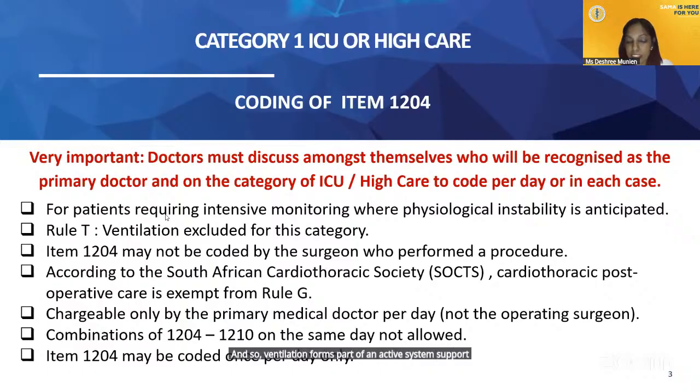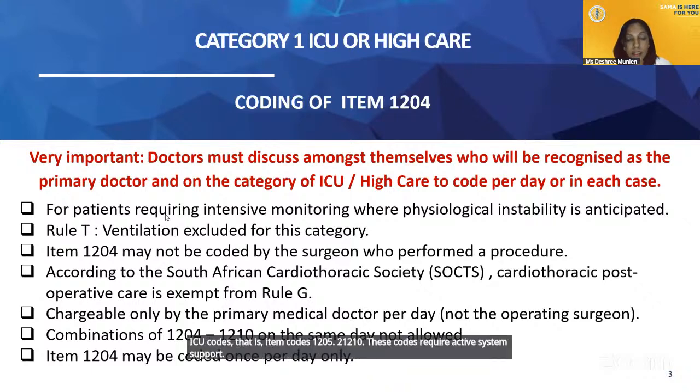Therefore, the ventilation item codes 1212 to 1214 only form part of category 2 and category 3 ICU codes, that is item codes 1205 to 1210. These codes require active system support.